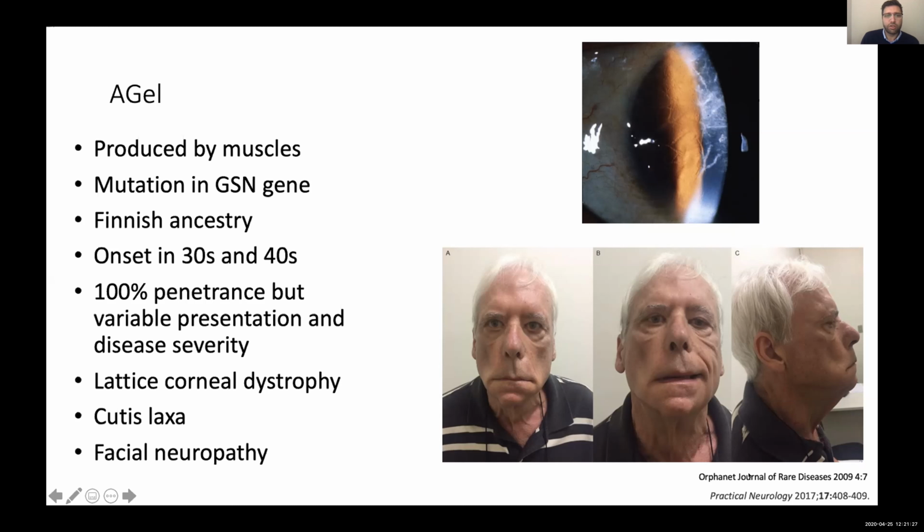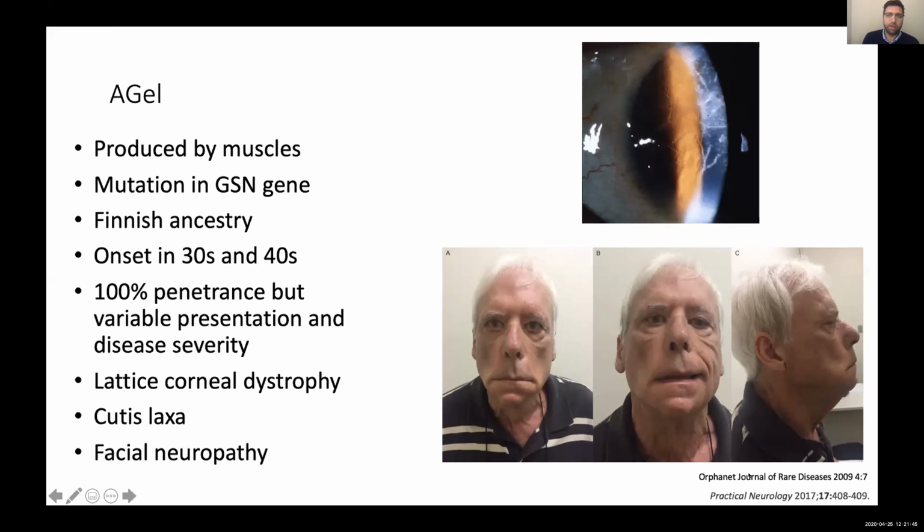The patients in their 20s start having a problem with their eyes. They have a specific type of corneal dystrophy called lattice corneal dystrophy. And the deposition of the amyloid in the cornea is very suggestive of this condition.